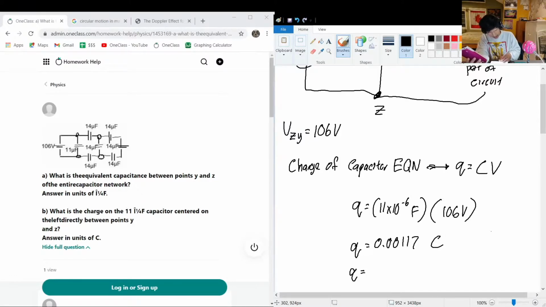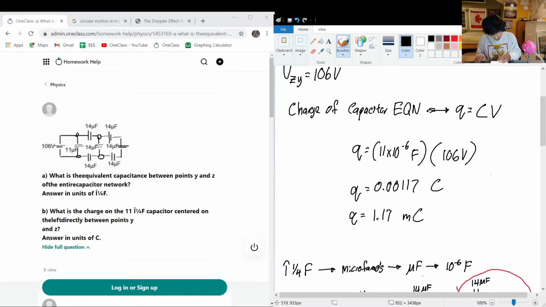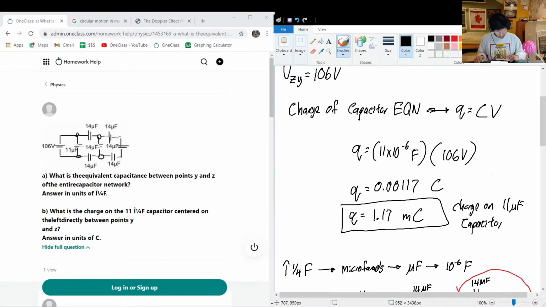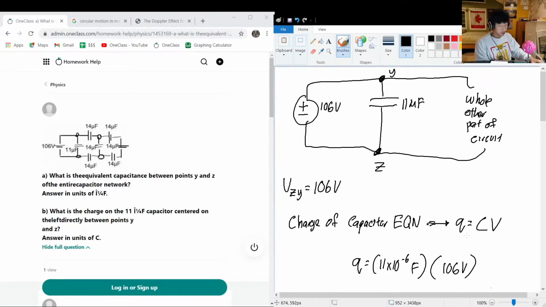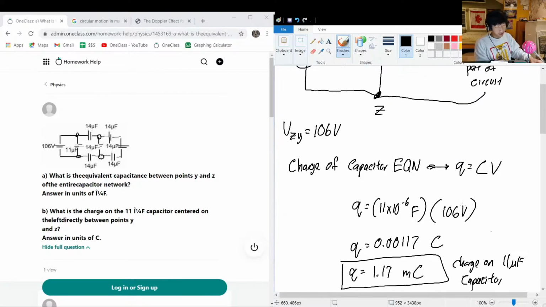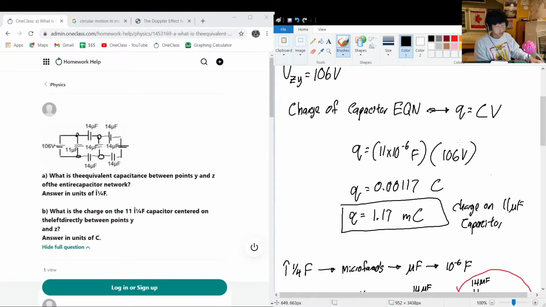Another way we can write that is 1.17 millicoulombs. So this would be the charge on the 11 microfarad capacitor, and that would be awesome. Okay, so that would be how you find the charge on the capacitor. Q equals CV. Don't forget that equation. Capacitor charge. It's a pretty nice equation.